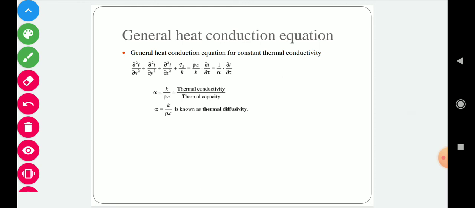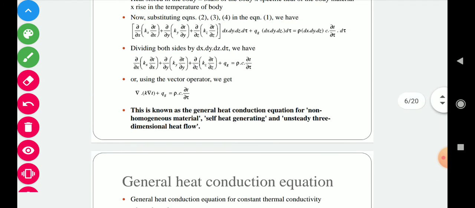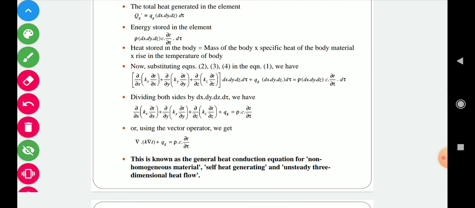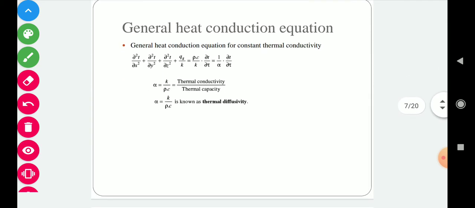But for a special case, if the thermal conductivity is constant, then here we use thermal conductivity varying along all three directions, kx, ky and kz. But if we assume this material is isotropic and there is no directional change of thermal conductivity, in that case kx will be equal to ky equal to kz equal to k, and we can replace this equation in this form.